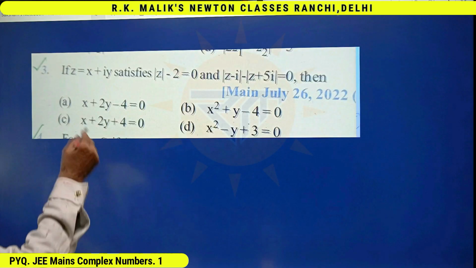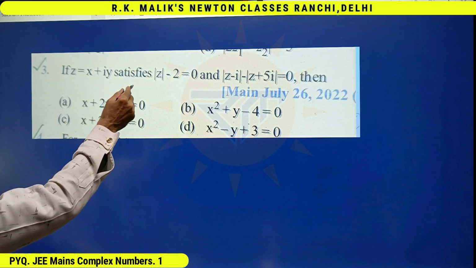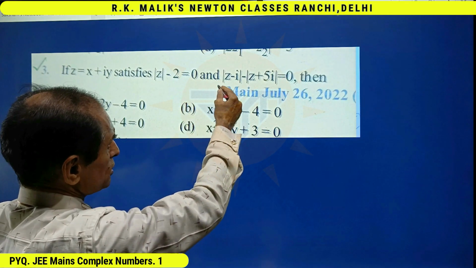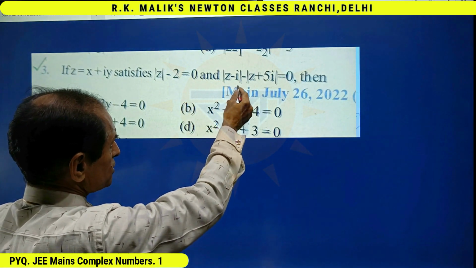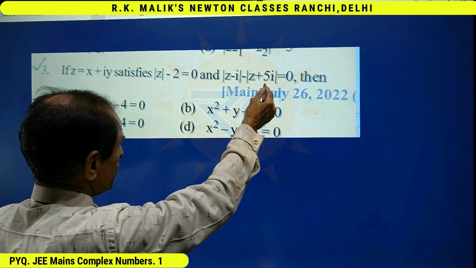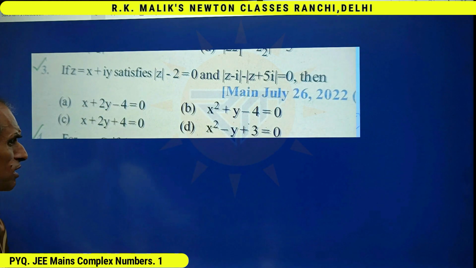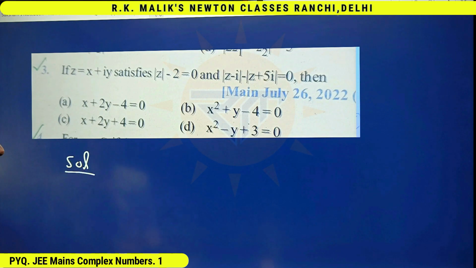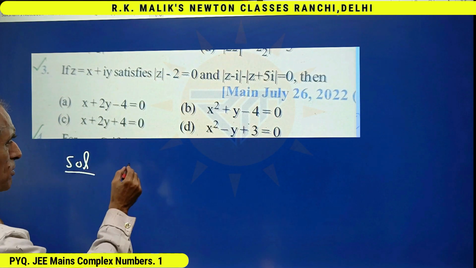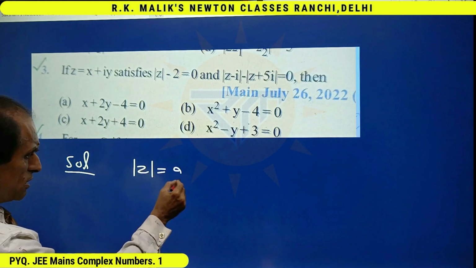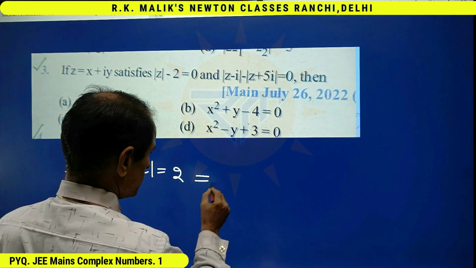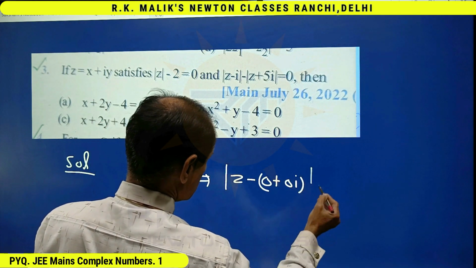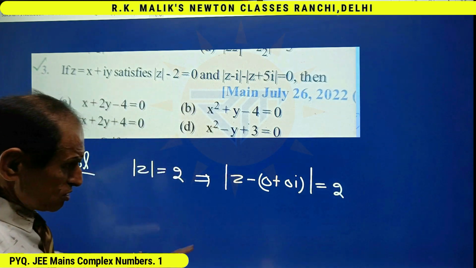In this question he is saying if z equal to x plus yi satisfies the condition mod z minus 2 equal to 0, and also it is given that mod of z minus i minus mod of z plus 5i is equal to 0, you have to find the correct choice. This information means mod z equal to 2, that is mod of z minus 0 plus 0 iota is equal to 2.